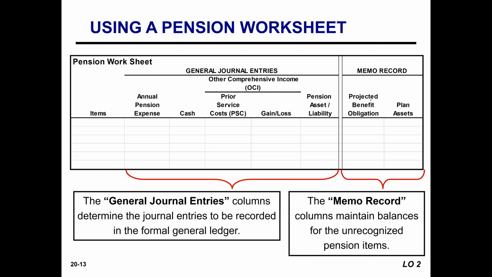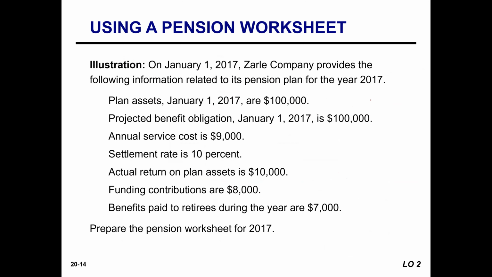We can fill this out, and that gives us the information that we need to record our journal entries. That's what it's showing here. The general journal entry columns determine the journal entries to be recorded in the formal general ledger. And then the memo record columns maintain balances for the unrecognized pension items. Based on this information, they're going to show us one of these pension worksheets filled out.